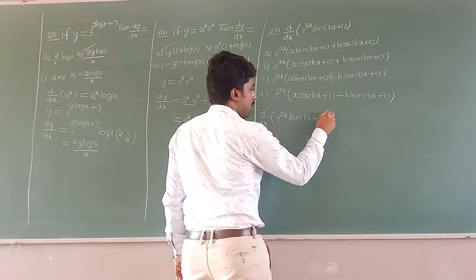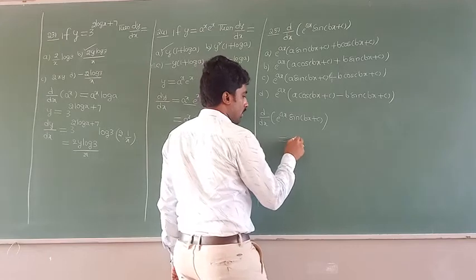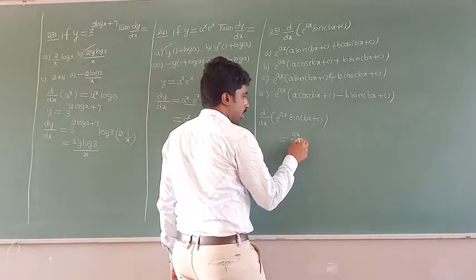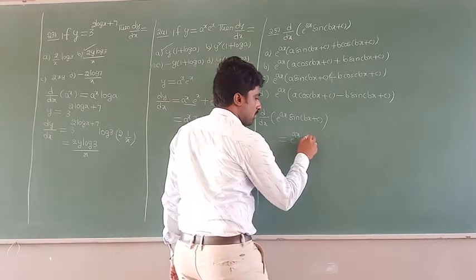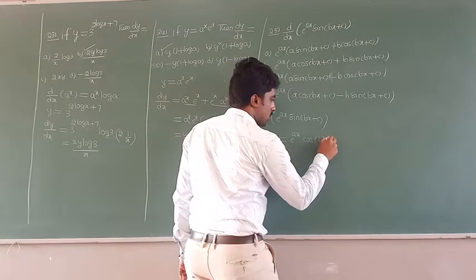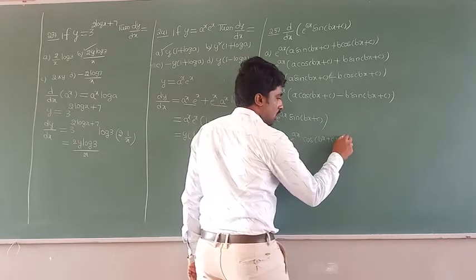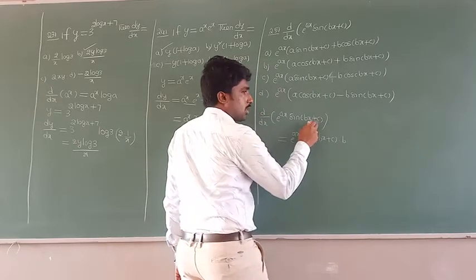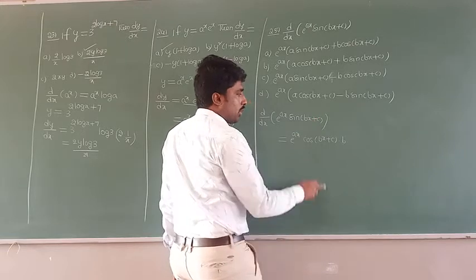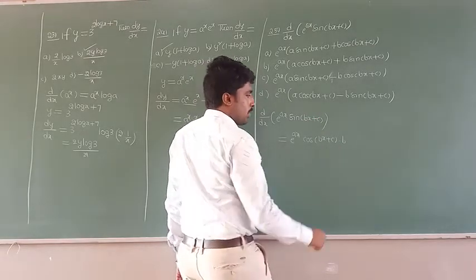So now all of you see here, u into v. I am doing the differentiation: u into the differentiation of the sine function. What is the differentiation of sine? Cos of bx plus c into the internal differentiation of bx, which is b. Internal differentiation of c is 0. So the internal differentiation of bx plus c is only b.